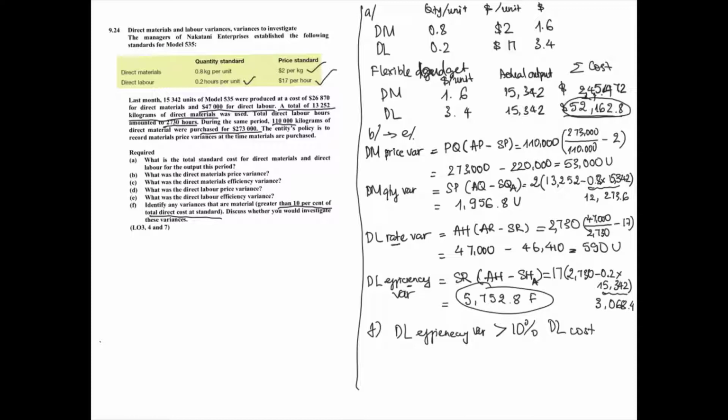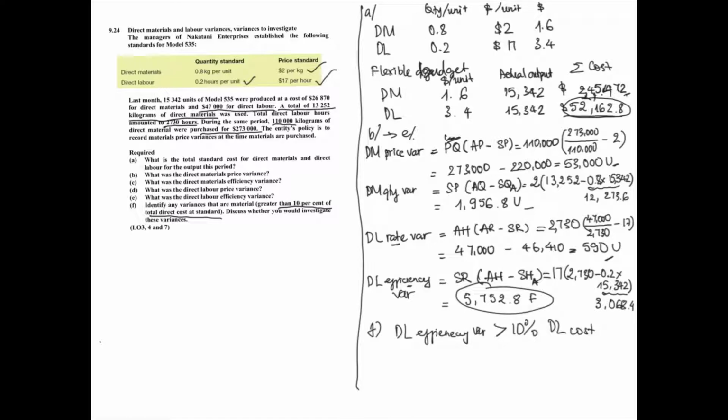Okay, how about other things? So direct material quantity variance is not more than 10% of direct material cost, and also direct labor rate variance is not much. Direct material price variance is a lot. Do you know why? Because we use the purchase quantity.